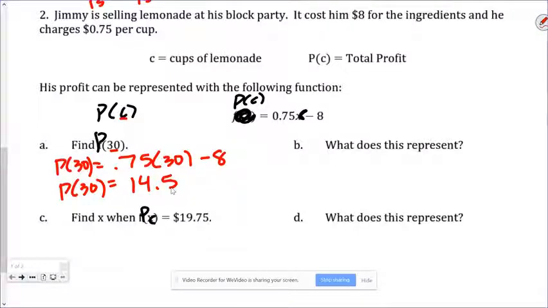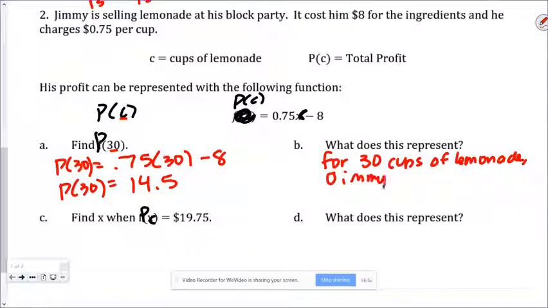So for 30 cups of lemonade, Jimmy's profit is $14.50. So let's add that label here. Oops, sorry. There we go. Okay. Oops, I also need to change this to a C.